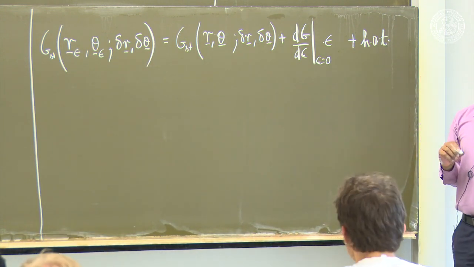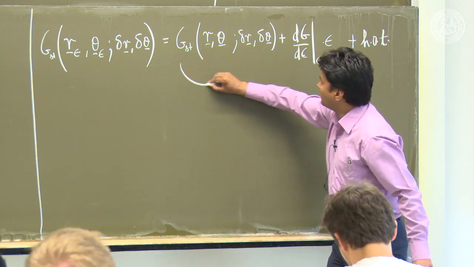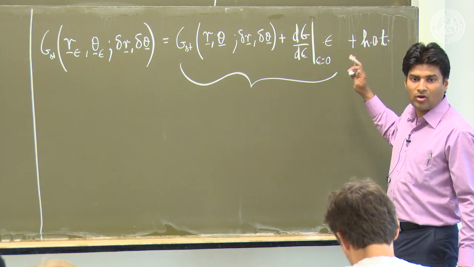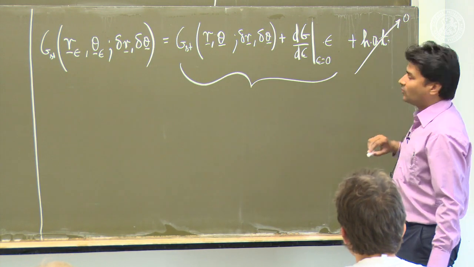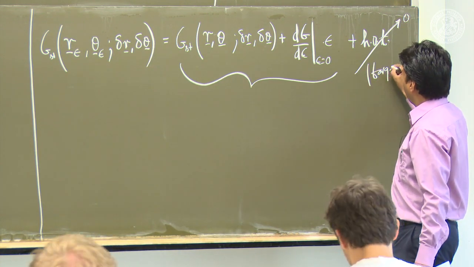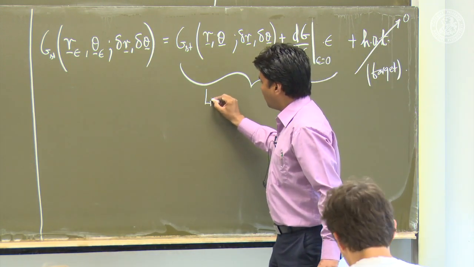And if you want to just linearize your weak form, then we just stop here, and this is a higher order term which we forget about. We just forget. And that's a linearized form.